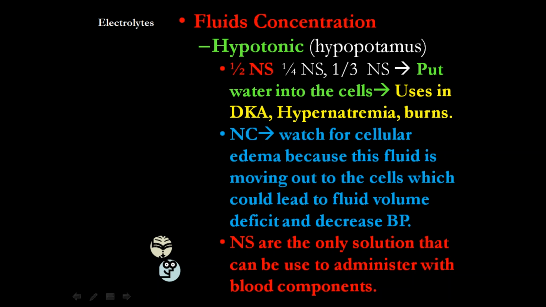Remember, the most common carbonic anhydrase inhibitor is acetazolamide. Acetazolamide produces acidosis, okay? Metabolic acidosis, not metabolic alkalosis.